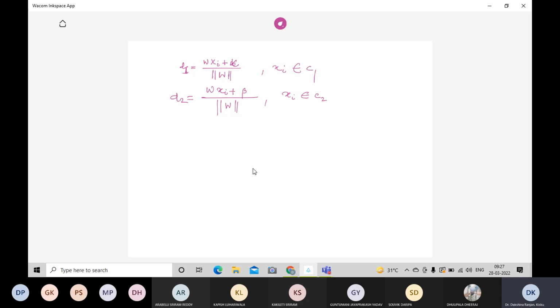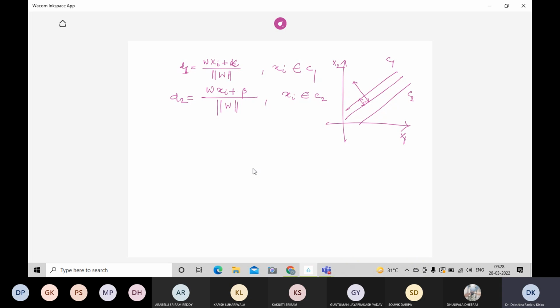Now if we consider any point in class C1, from that point we can consider the distance to the hyperplane, and this distance is given by d1.